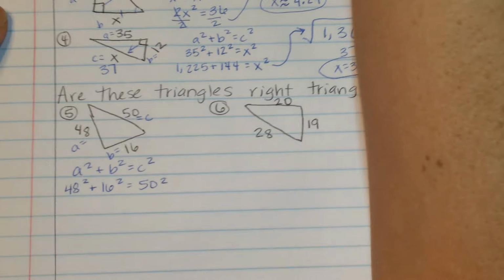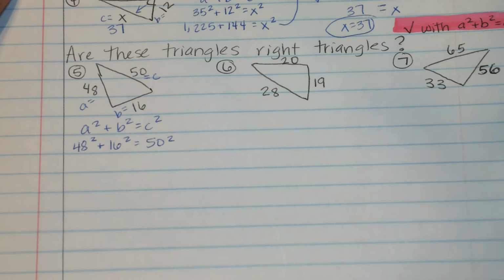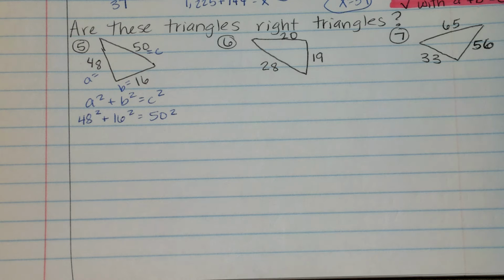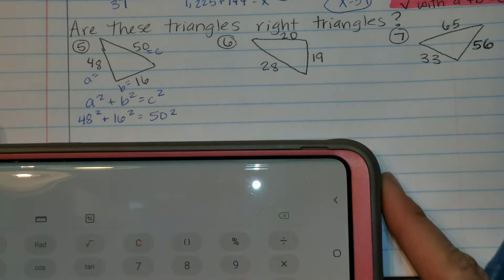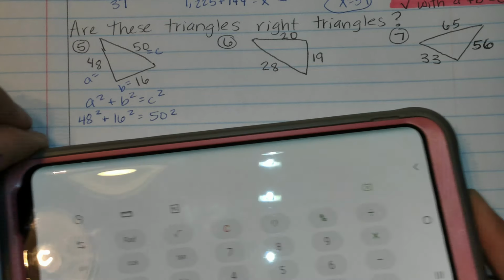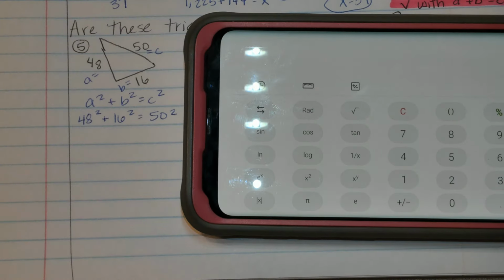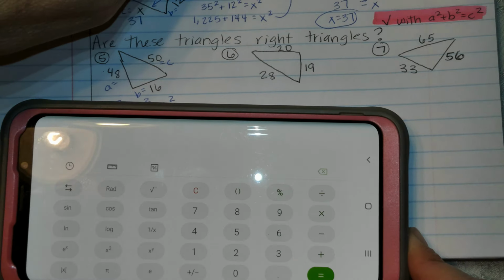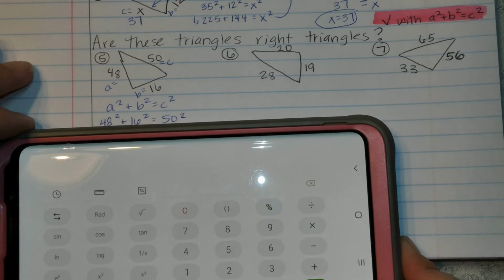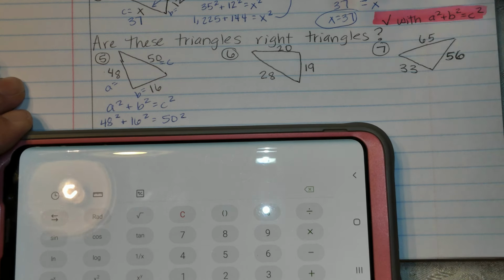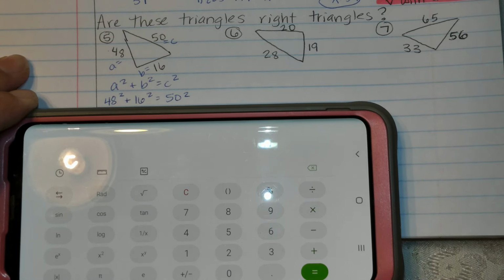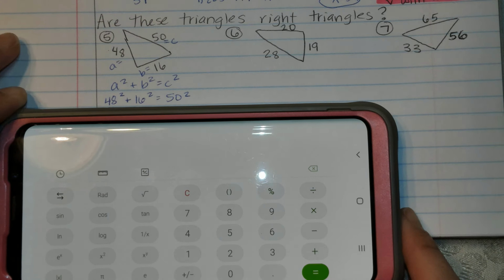Let me move this so we can see it a little better, because I'm going to show it in the calculator. I'm trying to show you a quick way to do this.